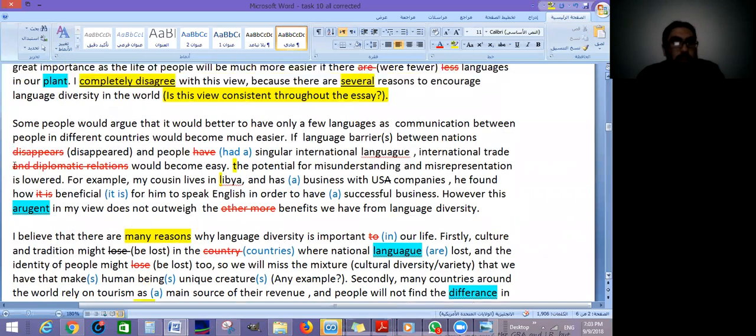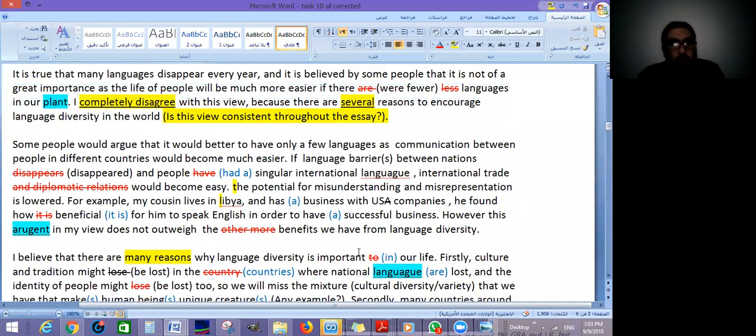So you have a lot of spelling mistakes. Maybe some of them are typos. I'm not sure if they're typos or not. But the spelling mistakes, there are too many for a 7. You need to make fewer.